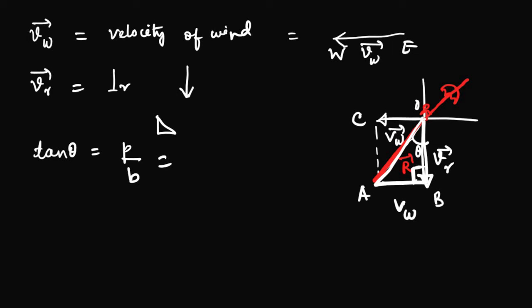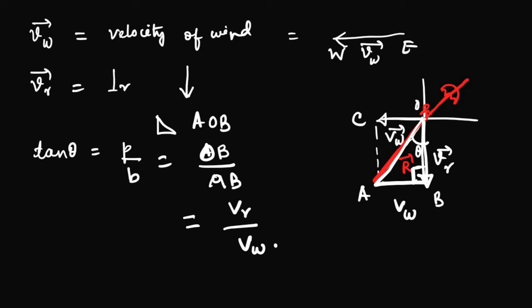If I name the points O, A, B, C, then in triangle OAB, it is OB by AB, right? So OB by AB equals VR by VW, correct? So this will be the angle.